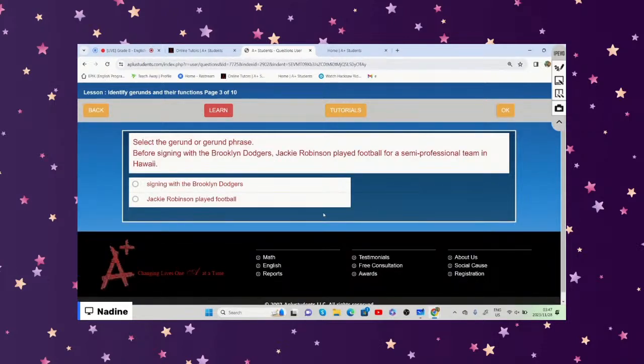We need to select the gerund and the gerund phrase. So before signing with the Brooklyn Dodgers, Jackie Robertson played football for a semi-professional team in Hawaii. We need to select the gerund or the gerund phrase within this sentence. Is it signing with Brooklyn Dodgers or Jackie Robertson played football?